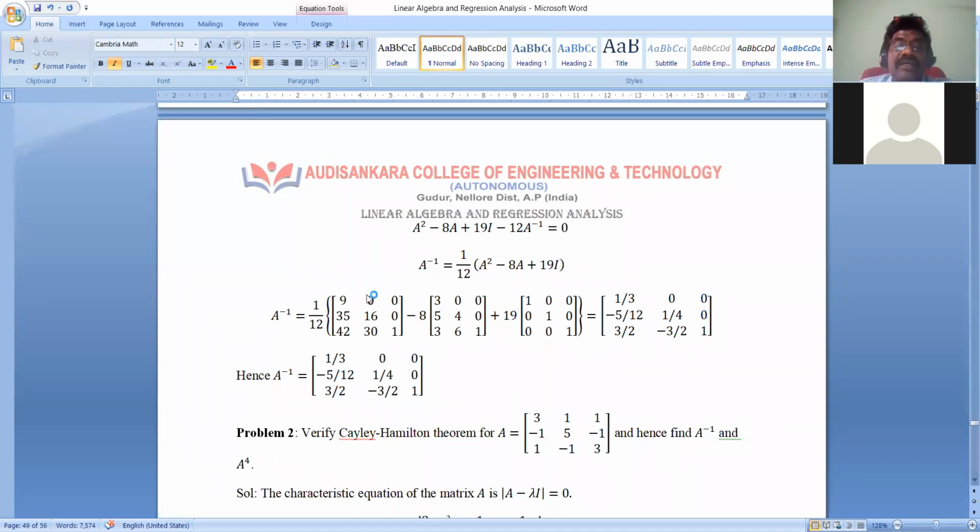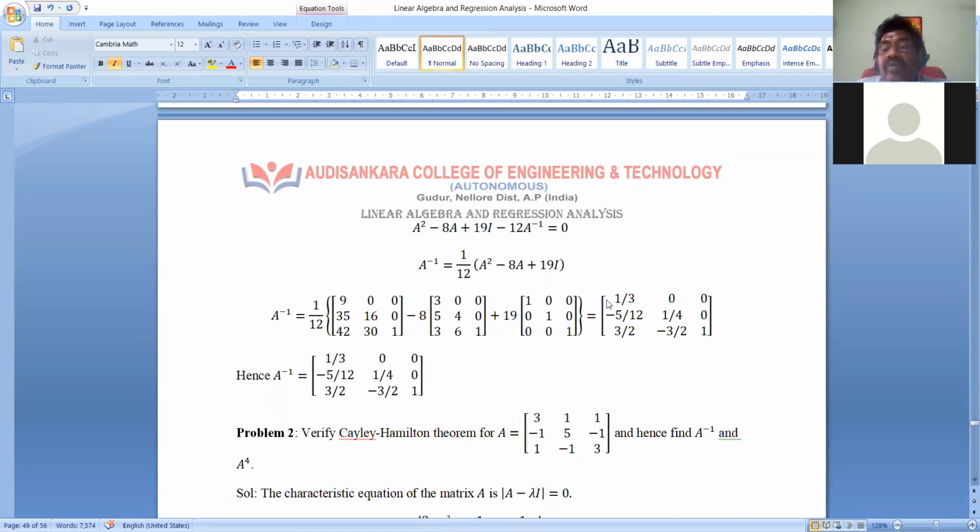find the values and dividing with the 12, we get 9 minus 24 plus 19. 9 plus 19, 28 minus 24, that is 4 by 12.